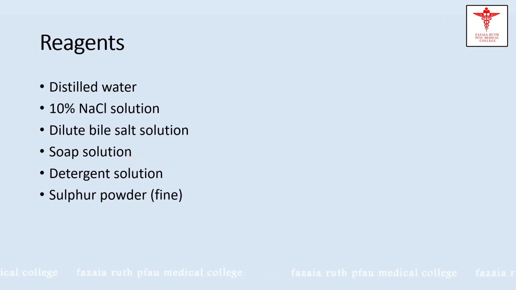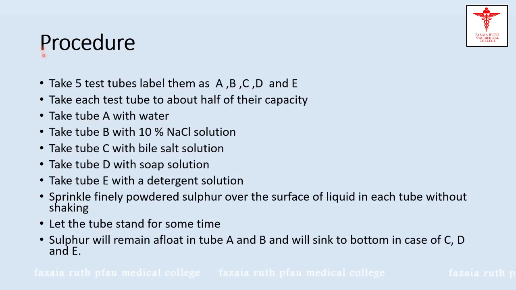We also require finely powdered sulfur. We will take 5 test tubes, label them, and fill them to half capacity with the respective reagents. Then we will sprinkle finely powdered sulfur on the surface of the liquid in each test tube.